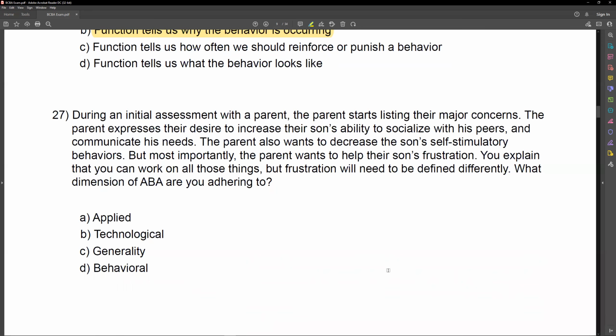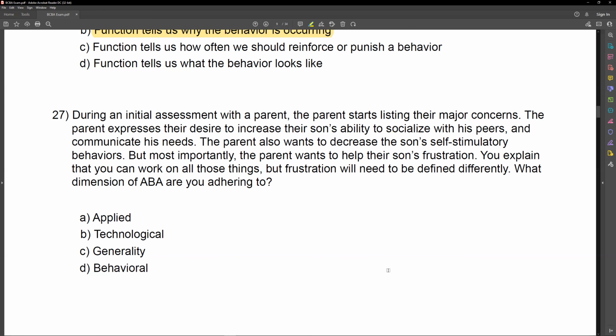All right, so we have all these objective measurable behaviors, right? Socializing, communicating, self-stimulatory behaviors. And then the parent says they want their son's frustration to decrease, okay? What is frustration? Can you observe frustration? Can you measure frustration? No, right?